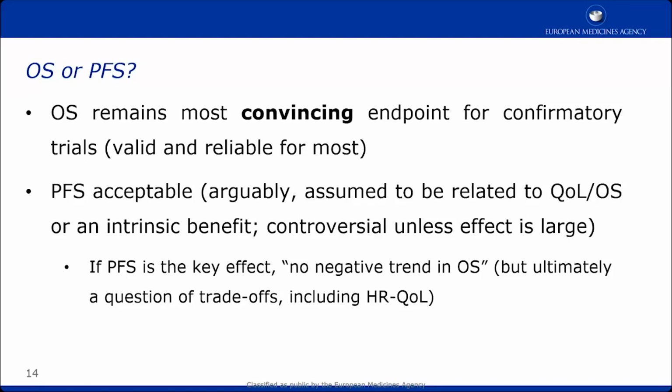And obviously, if one has a small PFS effect and a huge detriment in overall survival, nobody out there will want to have such a drug. There has to be, if at all, uncertainty about overall survival. It has to be very well in proportion to the gain that is anticipated through the PFS.